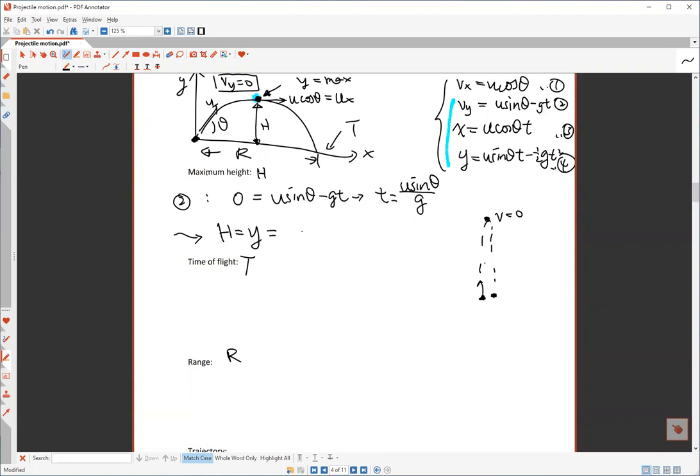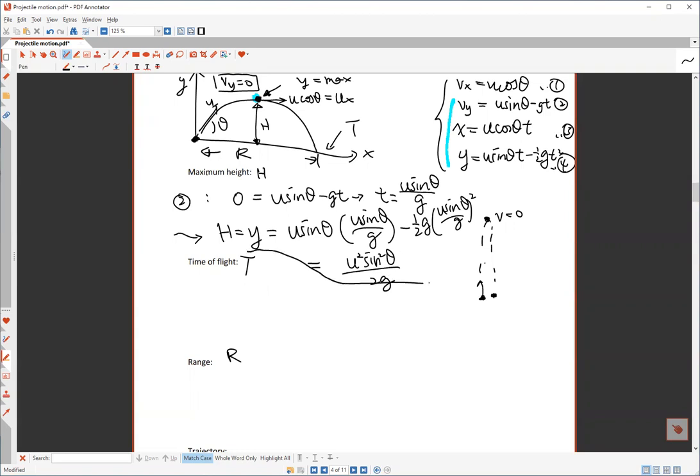So what you do is you just substitute the time in this equation. Okay? Then you get u squared sine squared theta over 2g. I hope you know how to do this algebra. You can try to do it by yourself at home. Okay, then next one, we solve it.